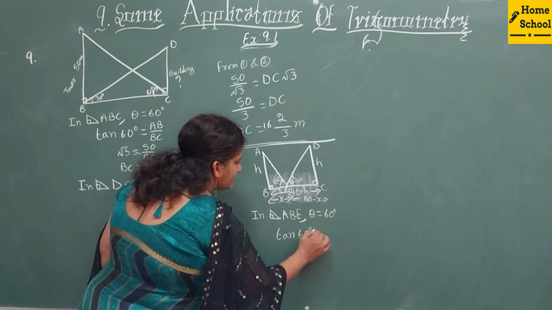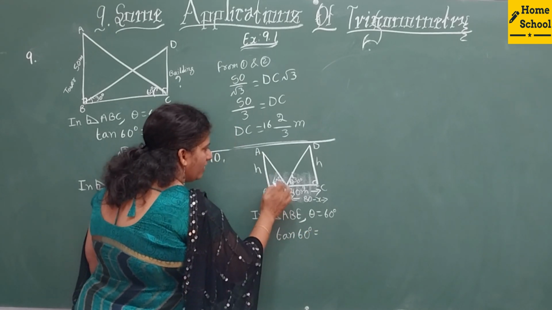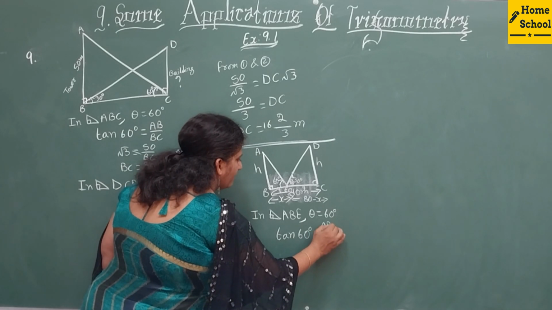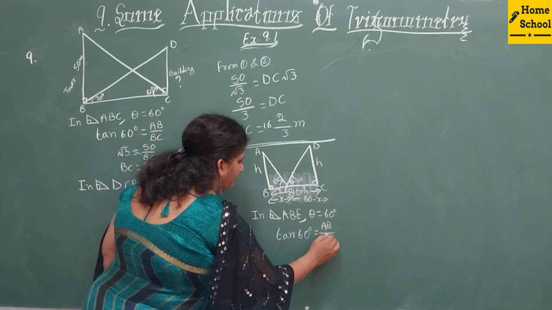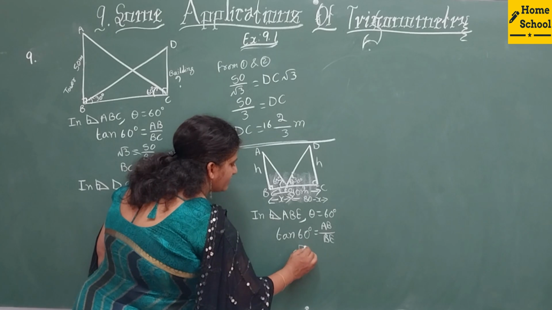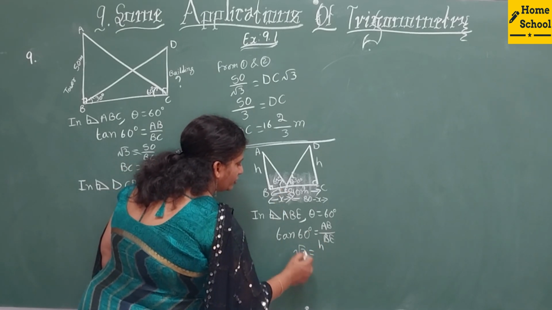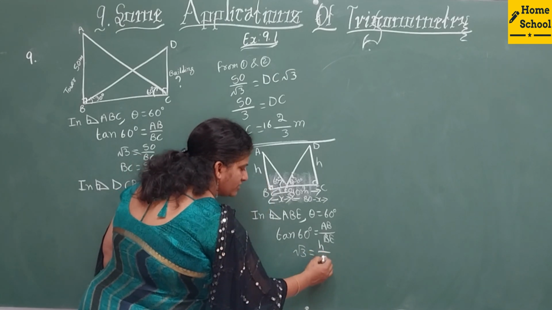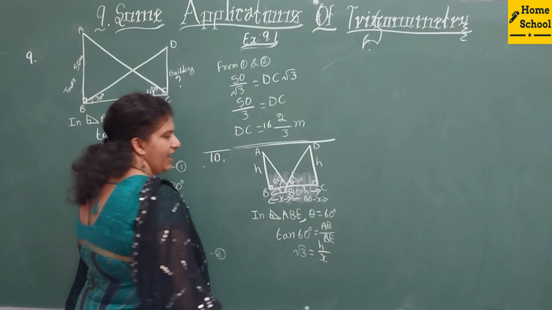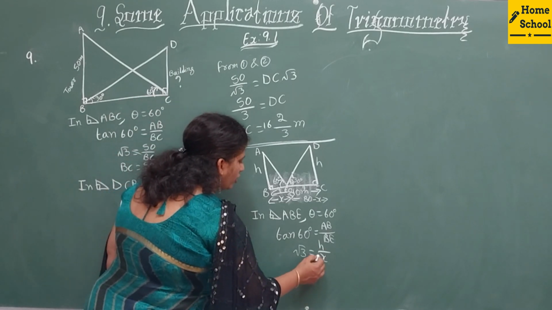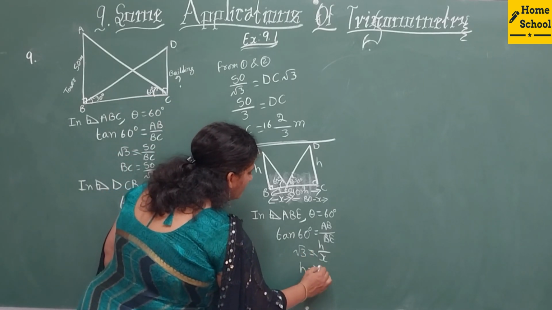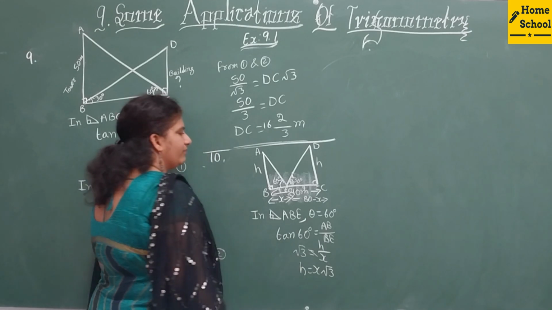Tan 60 degree is equal to opposite side AB by adjacent side BE. Tan 60 value is root 3. AB I have assumed as H, and BE as X. Then cross multiply, H is equal to X root 3.